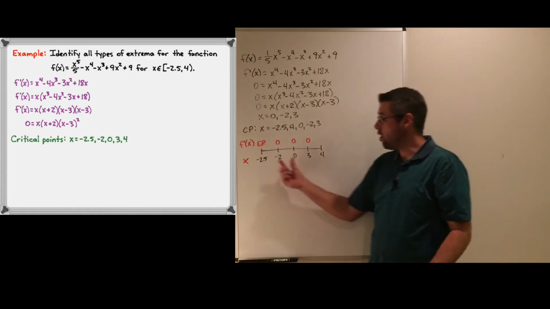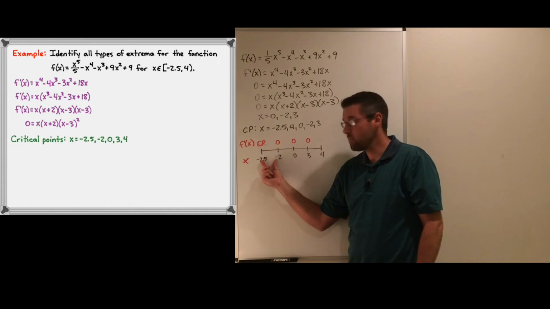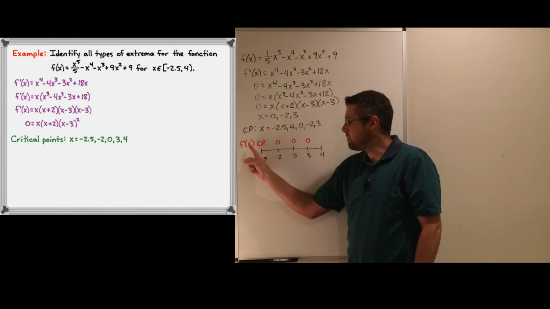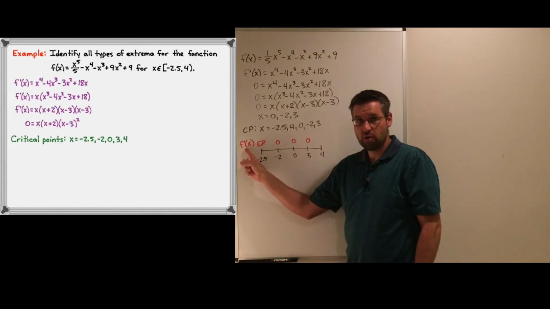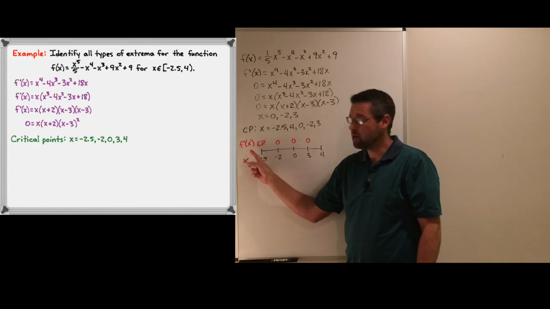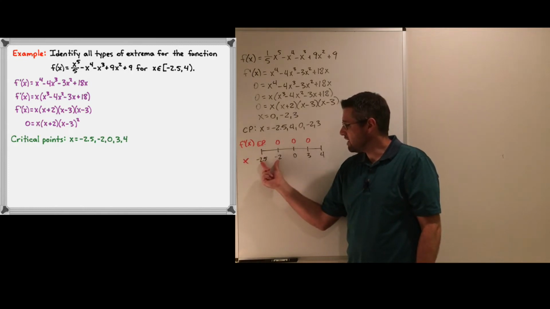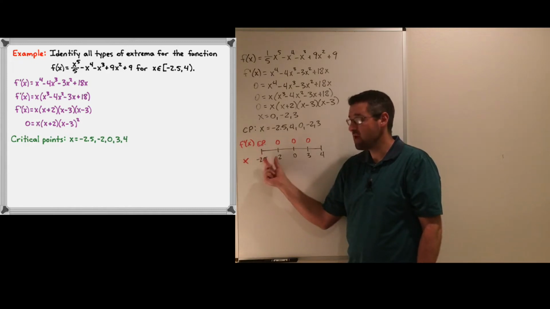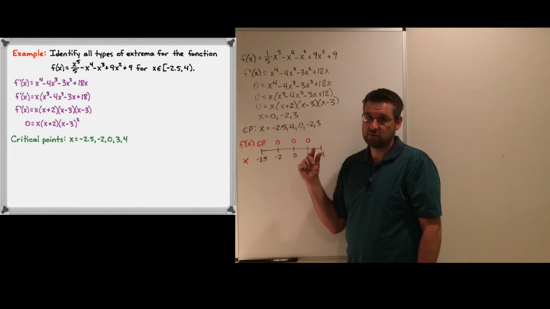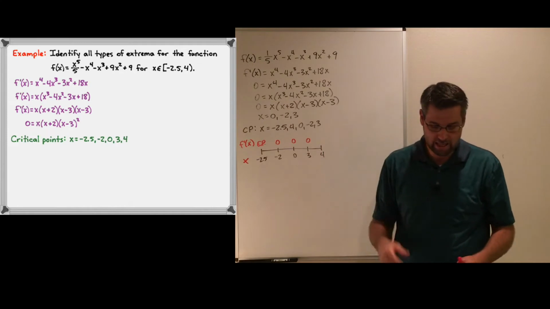In other words, all the x values in between there will produce the same sign on f prime. Not the same values, but the same sign. So if one value between negative 2.5 and negative 2 gives a positive derivative, then all the values will be positive. So we only have to really check for one candidate there.